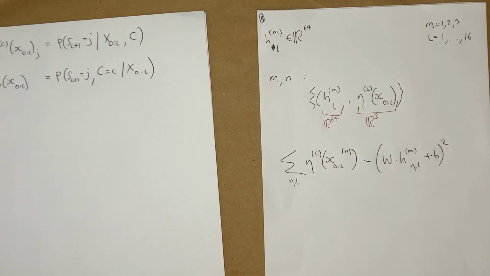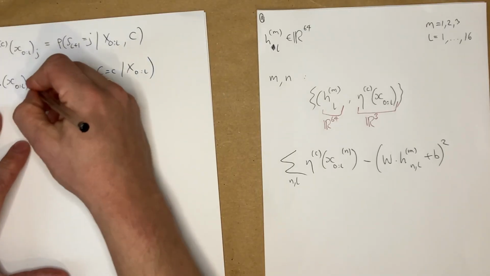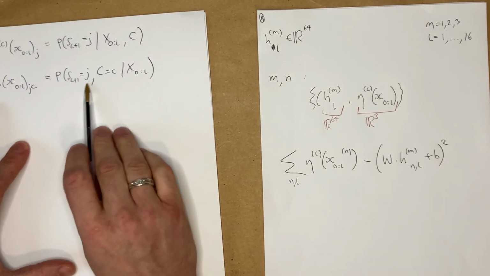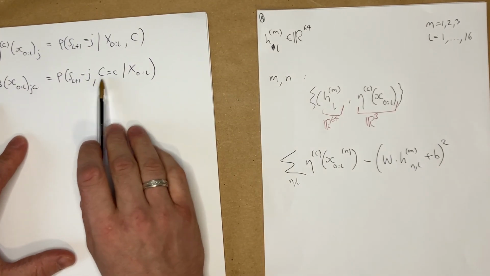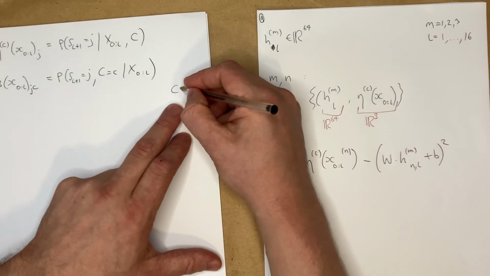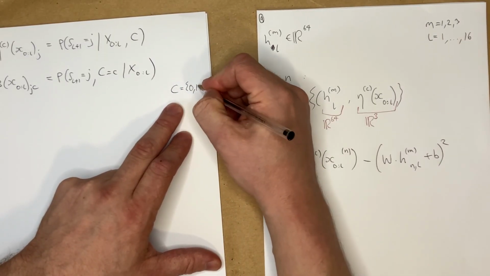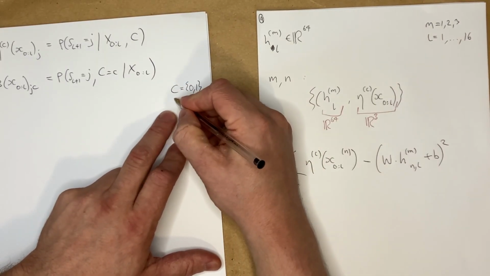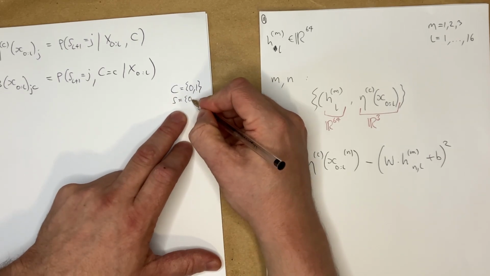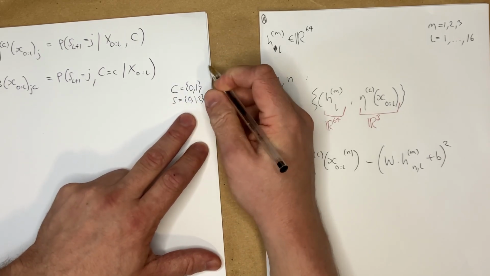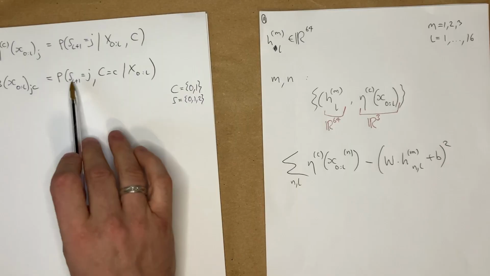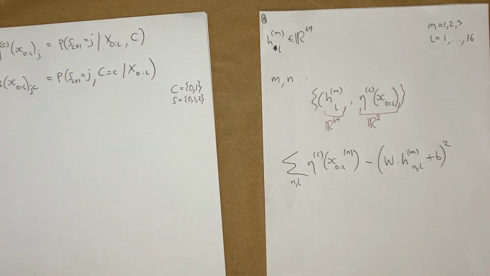And so beta is going to have indices J and C, because J and C are now the two unknowns. So if there are two components, like I assumed earlier, and S obviously can have values 0, 1, and 2, then beta is a six-dimensional vector because the joint distribution has 6 possibilities.